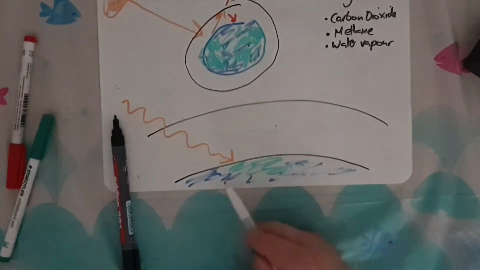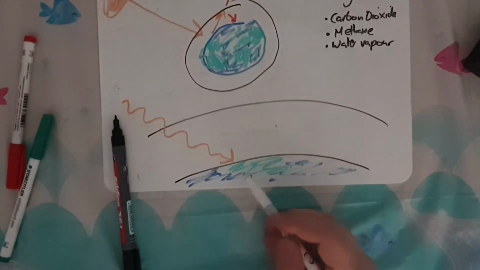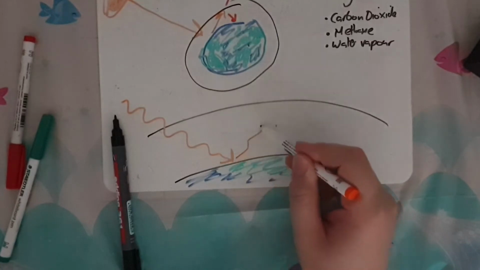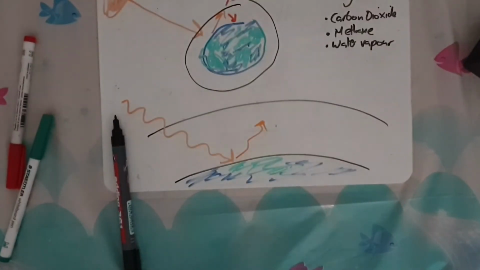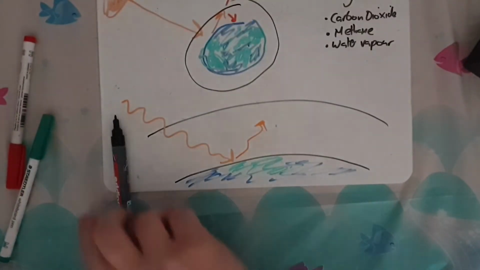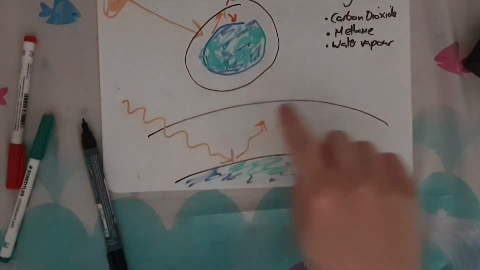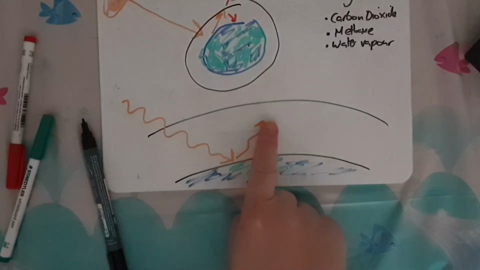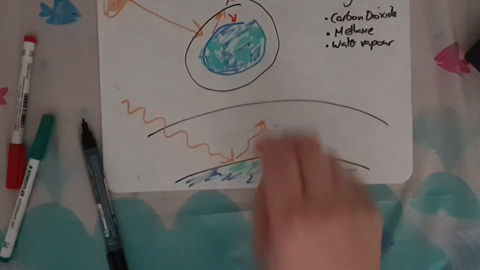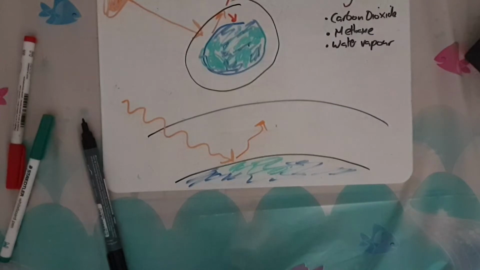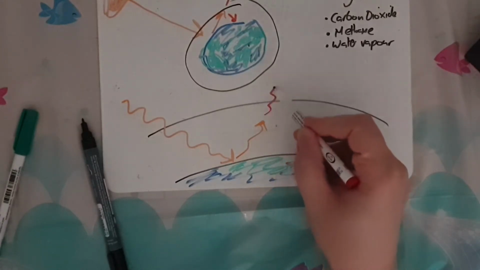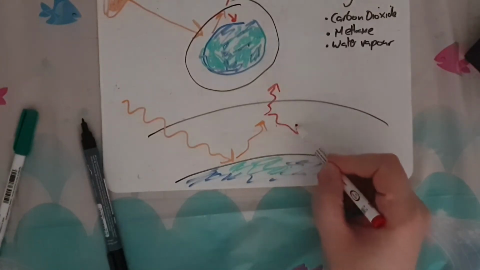Then Earth absorbs that energy, heats up, and then because it's hot, it radiates the energy out. And then our greenhouse gases in the atmosphere, so carbon dioxide, methane, and water vapor, this energy that the Earth is radiating out, they then absorb it and get hot. And then because they're hot, they then radiate some energy, and some of it goes off to space, but some of it goes back to Earth.